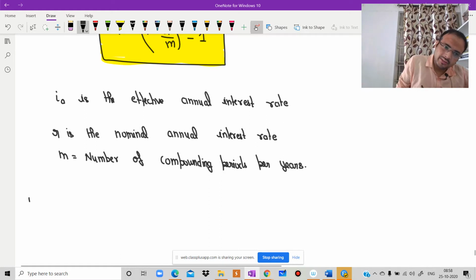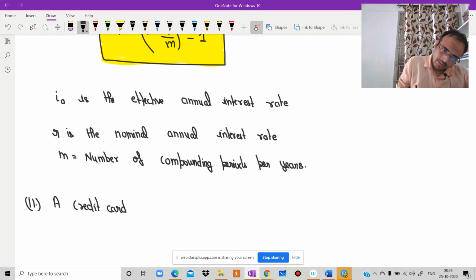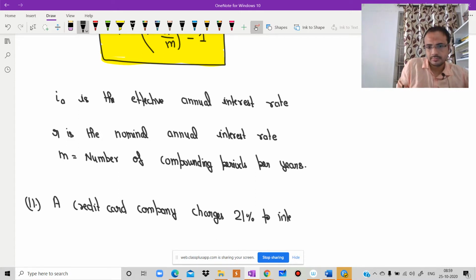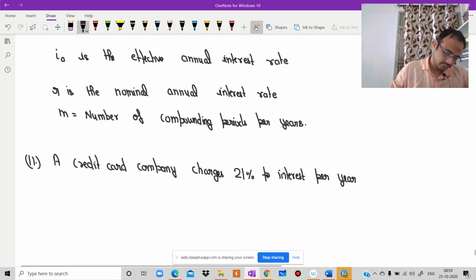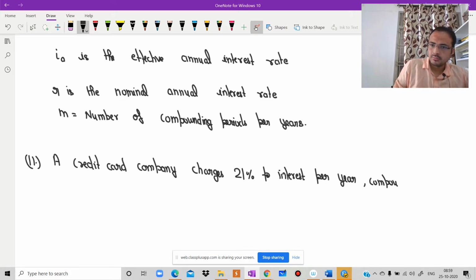Write down question number 11. A credit card company charges 21% interest per year, compounded monthly.